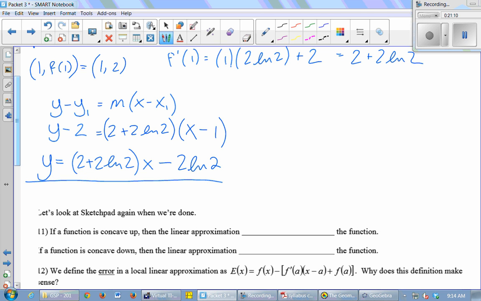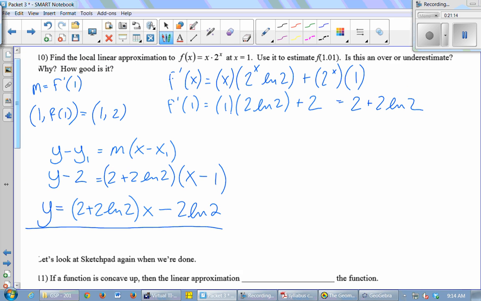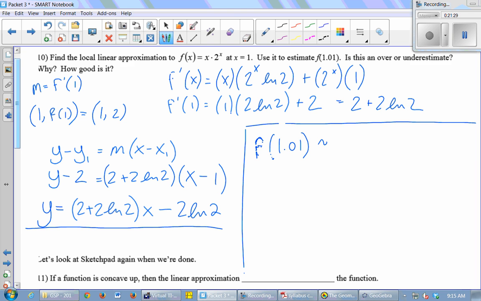So I'm now supposed to use it to estimate f of 1.01. It turns out that I can do is, instead of taking f of 1.01, that should be approximately equal to what you get when you plug 1.01 into the tangent line.